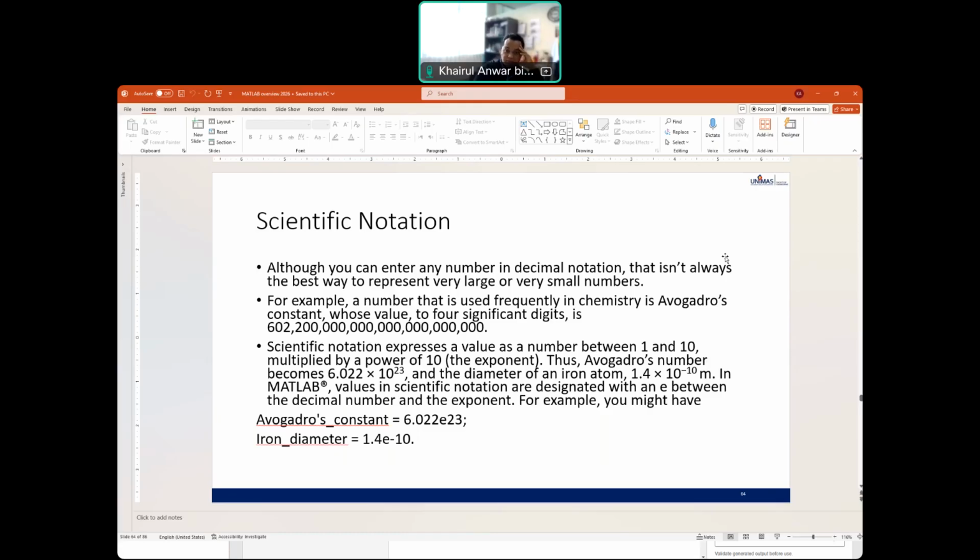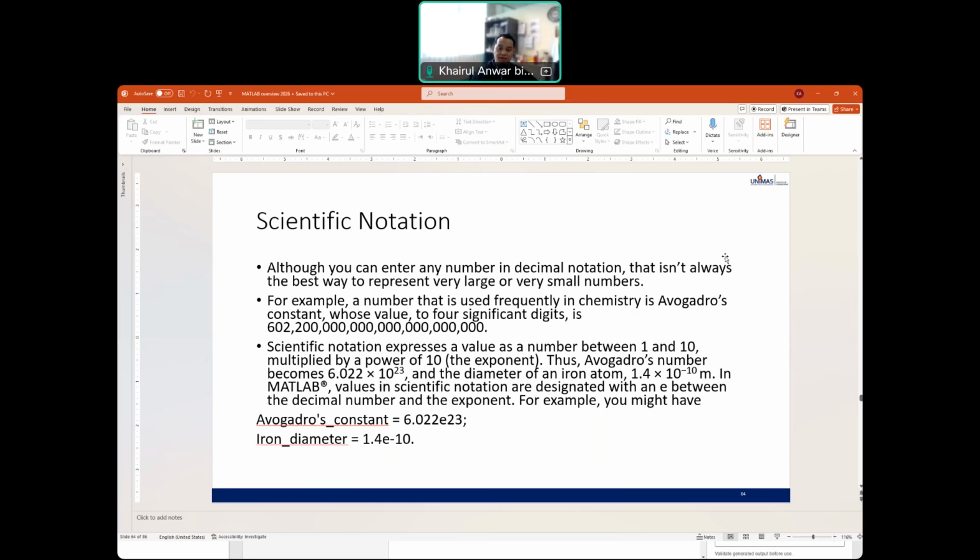So scientific notation expresses a value as a number between 1 and 10 multiplied by a power of 10, the exponent. Thus, Avogadro number becomes 6.022 times 10 to the power of 23.